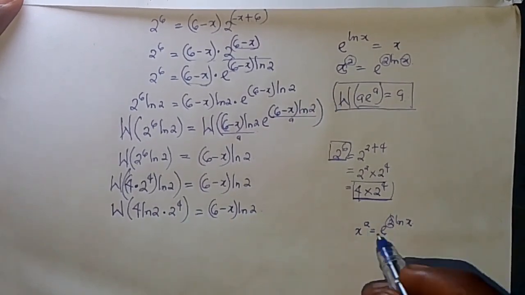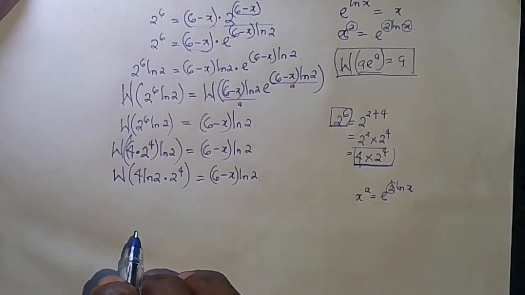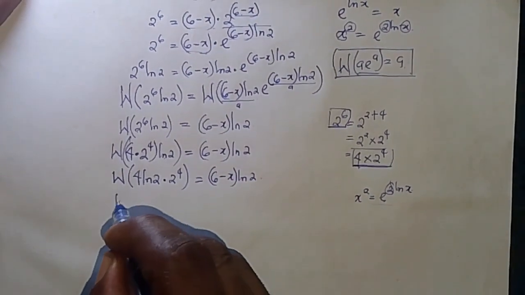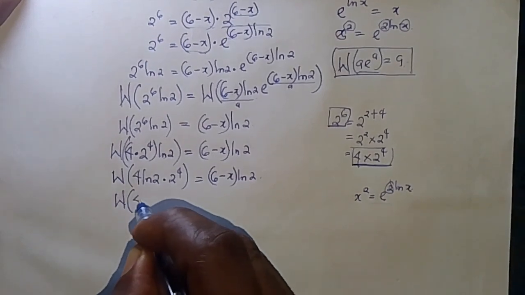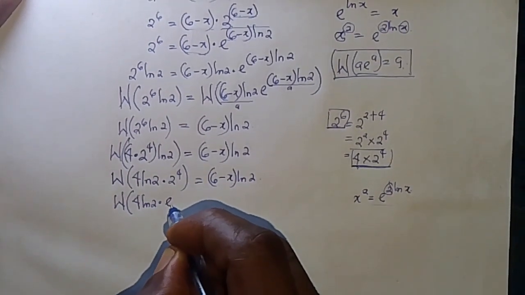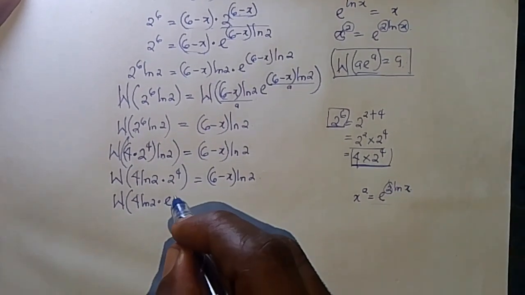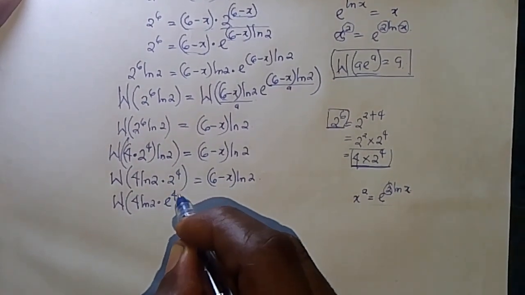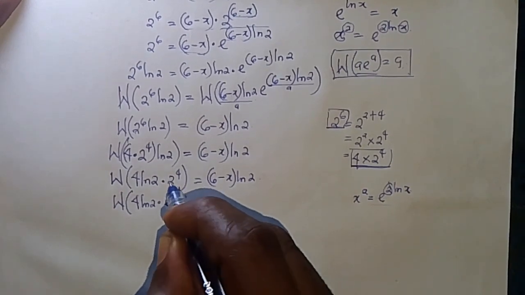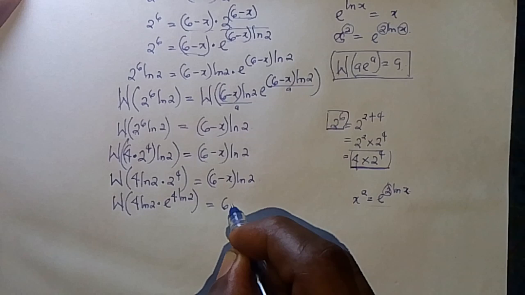So now let's apply this at the left hand side of this equation. So if we apply that at the left hand side of this equation, then we are having the Lambert W function of 4 ln 2 multiplied by e to the power of the exponent multiplied by the ln of the base, that is the exponent 4 multiplied by the ln of the base 2, and this equals 6 minus x multiplied by ln 2.